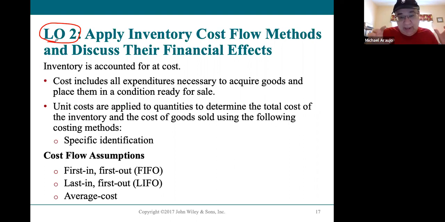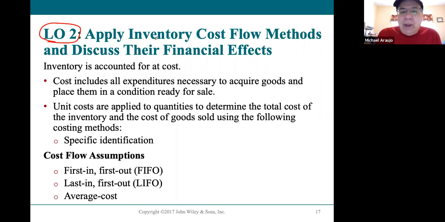So basically, when a customer comes into a store and buys an item, the store has to decide what the cost of goods sold is, because that's how their income statement is structured. Sales revenue minus the cost of goods sold gives them the gross profit.